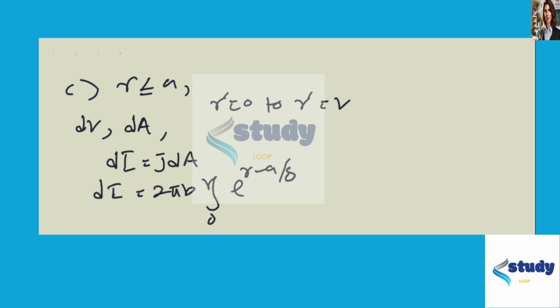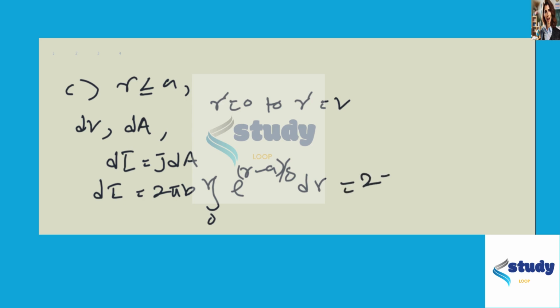So we substitute for dA and J. Then our I from r dash equal to 0 to r dash equal to r will be 2 pi B integral from 0 to r e to the r minus a over delta, integration with respect to dr.